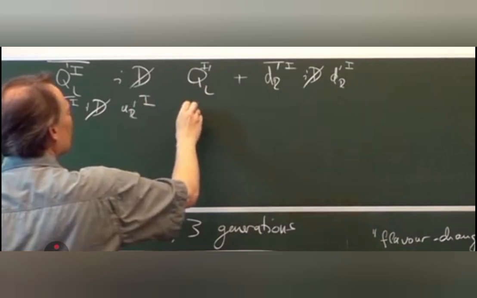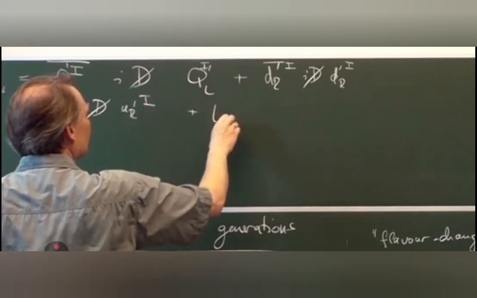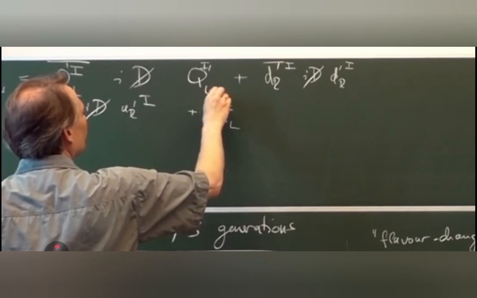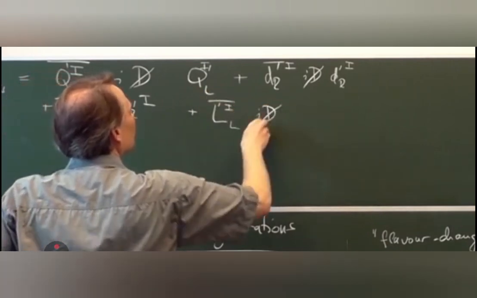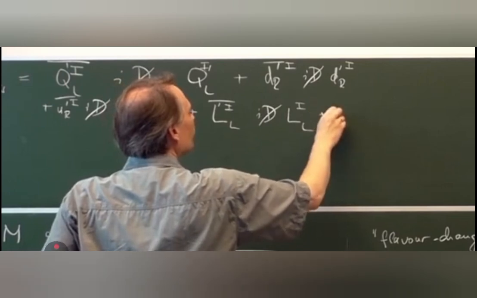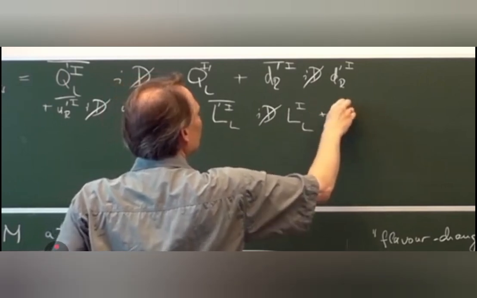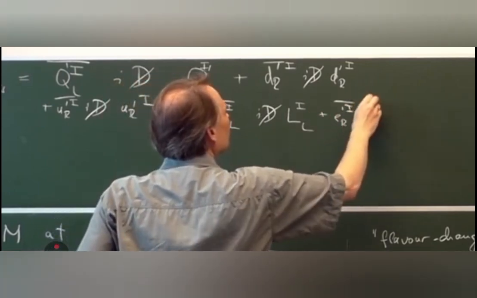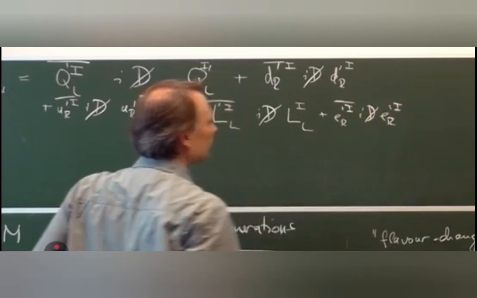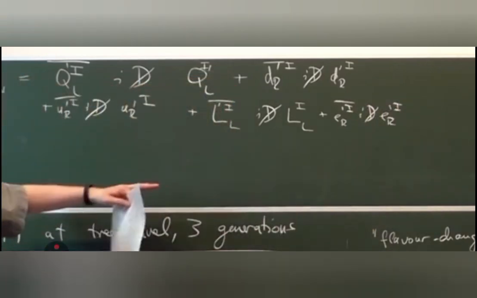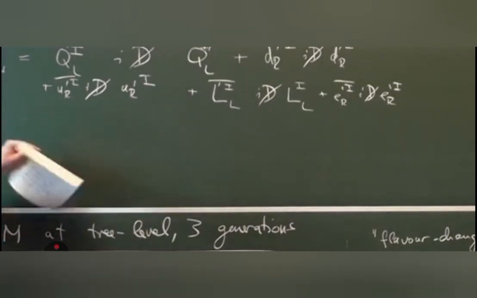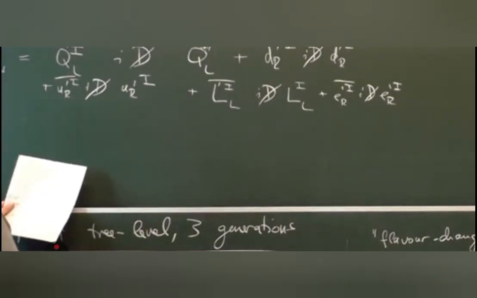Then for the leptons, left-handed lepton doublet, ll i prime bar i d slash ll i, plus right-handed er prime i bar i d slash er prime i. Okay, so I hope the notation is not confusing. There are a lot of symbols, but each symbol hopefully has a very clear meaning.